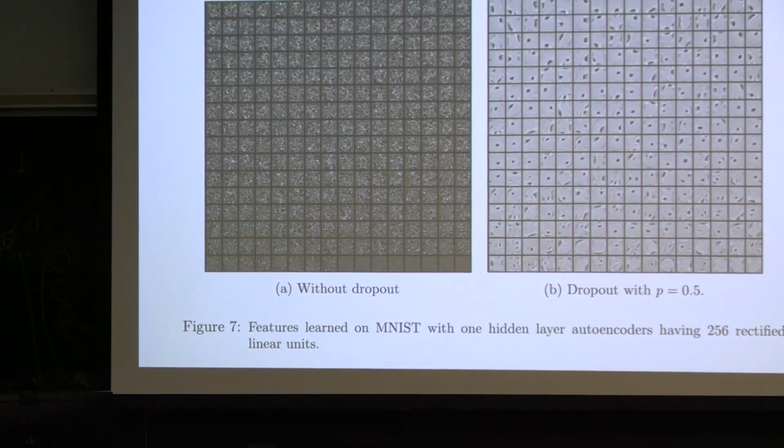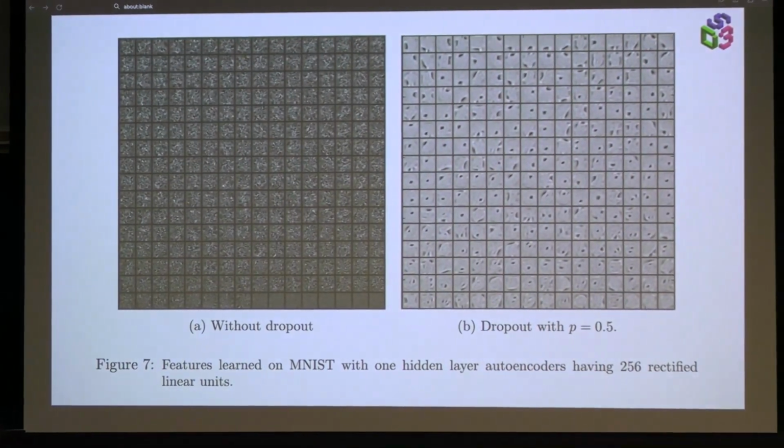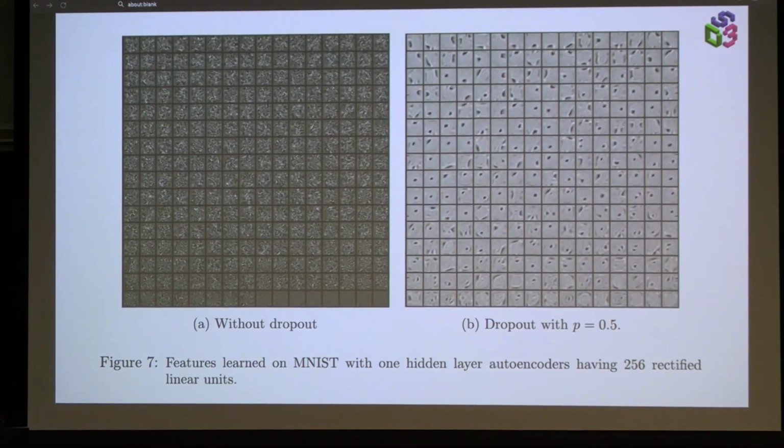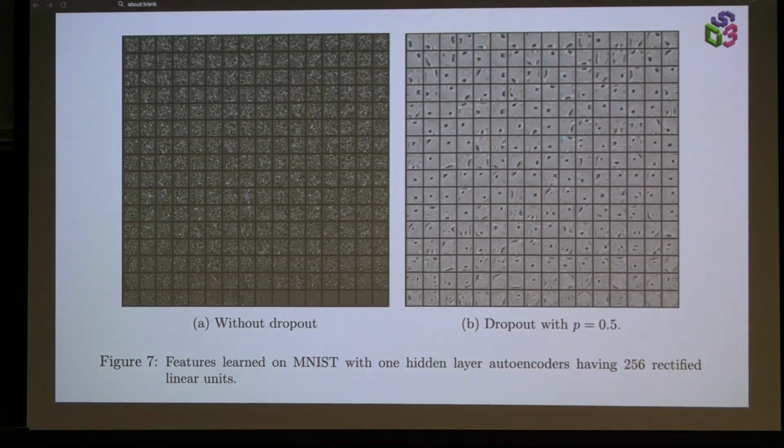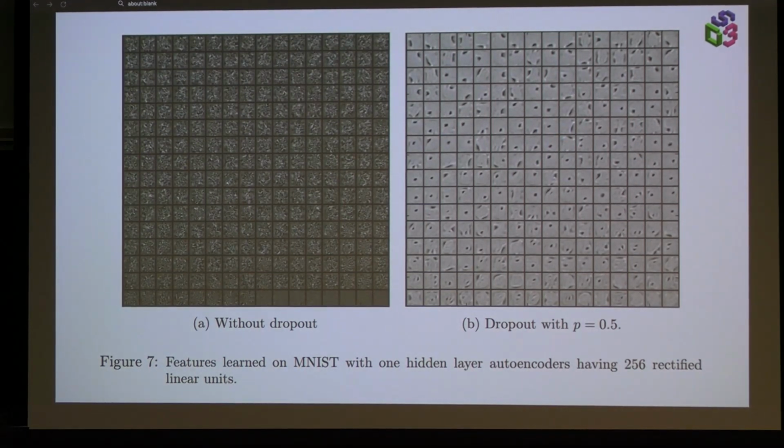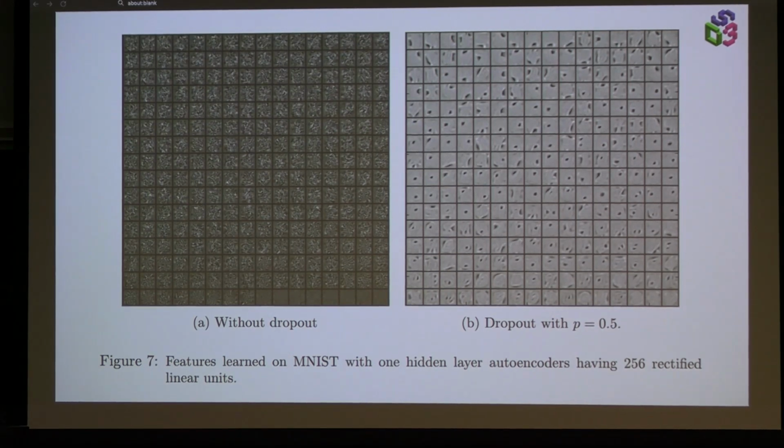And so on and so forth. This is good. This indicates progress. Okay? So each hidden unit over here doesn't seem to be detecting a meaningful feature, but with the dropout, you see it's detecting different sorts of features. It's detecting curves and lines in different parts of the image, right? Okay, cool.